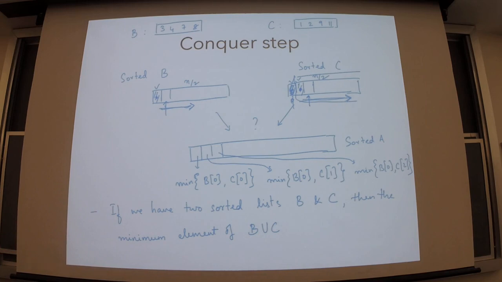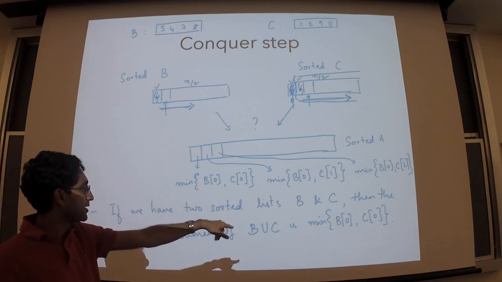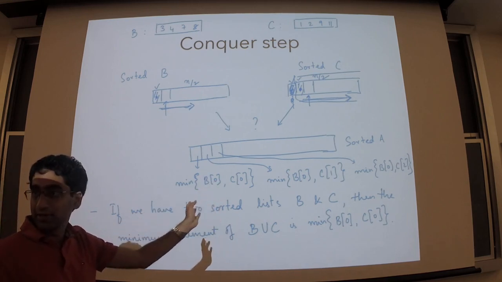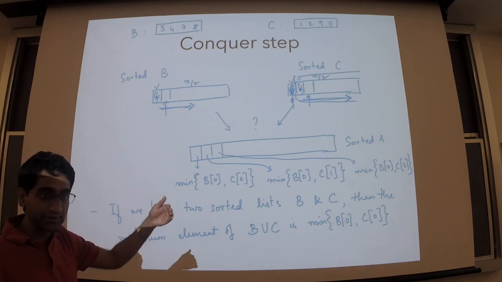Okay, so that's what I mean by this. The minimum element of B union C is min of B of 0, C of 0. So now you can imagine deleting that minimum element from either B or C, wherever it came from, and then you recurse on the smaller thing.